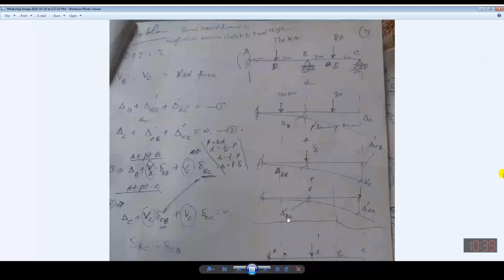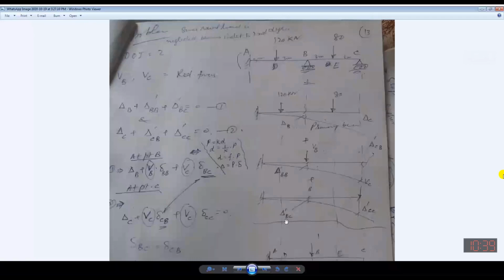It means deflection due to redundant force at point B under the effect of load applied at C. It is deflection at B due to force at C. In short notation, this is deflection at B due to force at C.